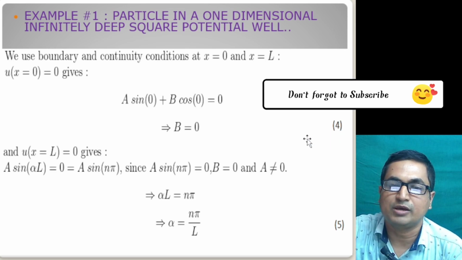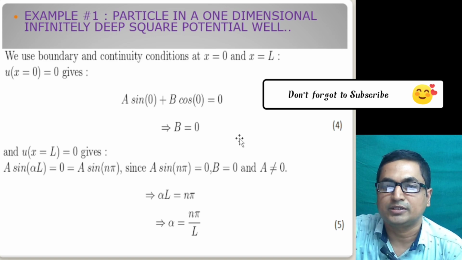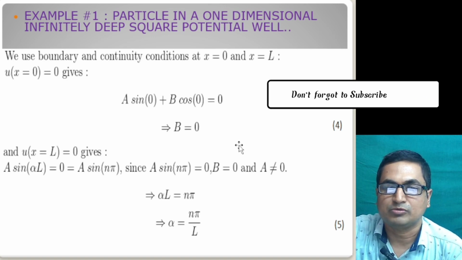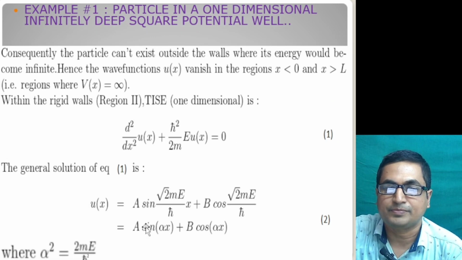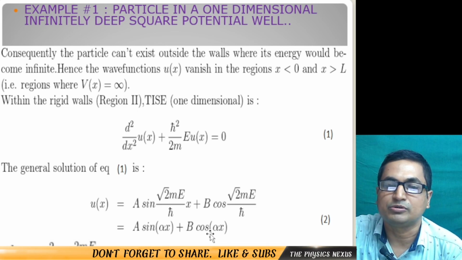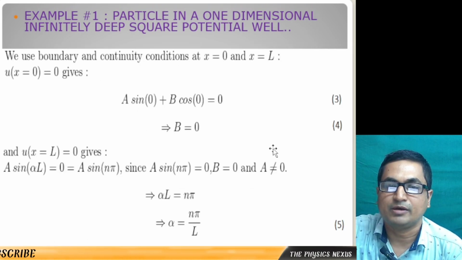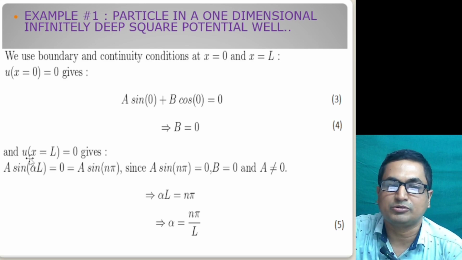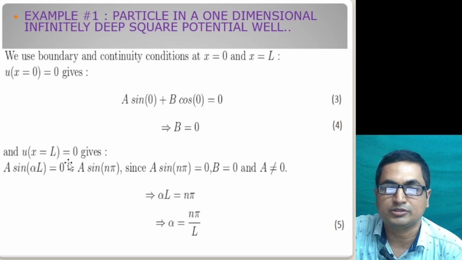So equation 4 now leads to the condition that of the two parts of the wave function, one part A sin alpha x and another B cos alpha x, the latter will be 0 because B is 0. Now for another boundary, x equal to L, u is 0 at x equal to L, which gives us A sin alpha L equal to 0.